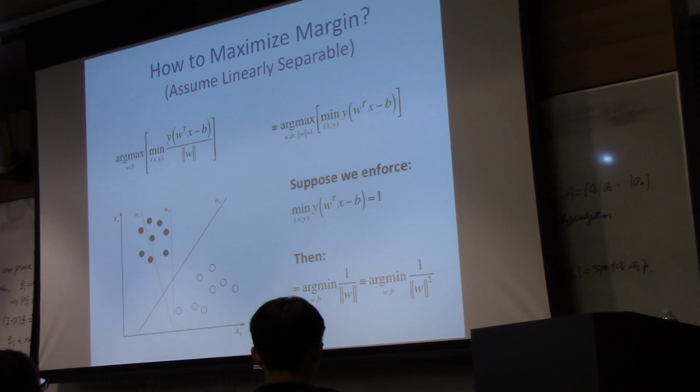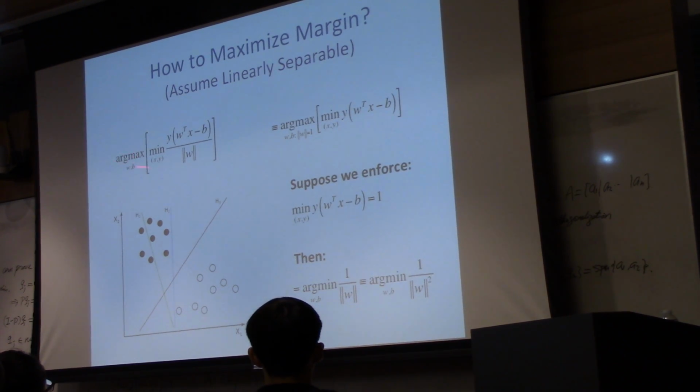I want to find a W with minimum norm. Sorry, it's not supposed to be 1 over the norm. I'll change that, that's a typo. It's just the norm. The way you can think about this is that this is supposed to be 1, and this is a maximization problem.